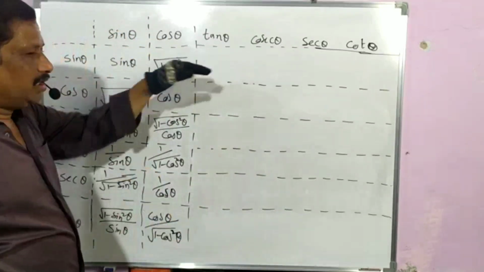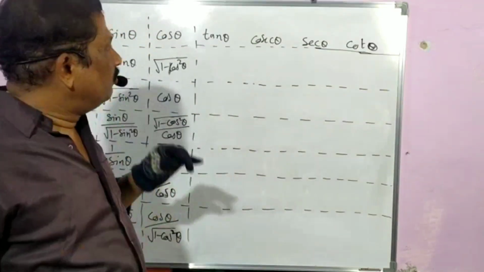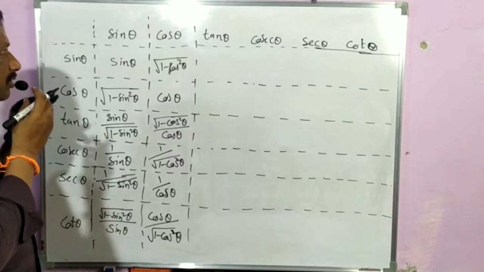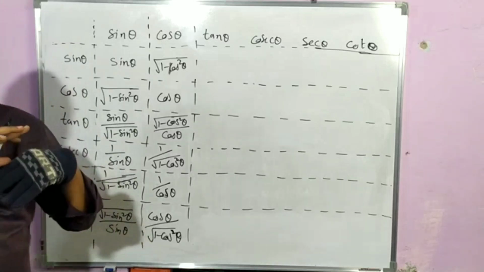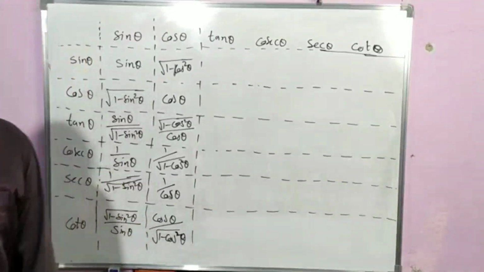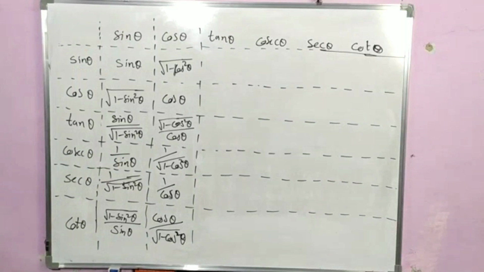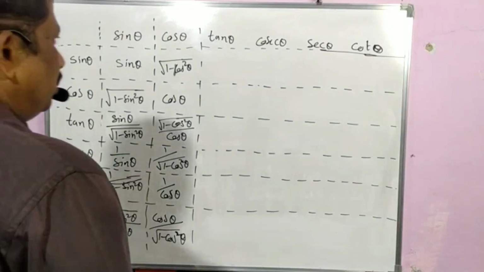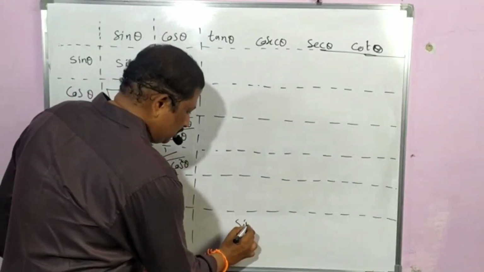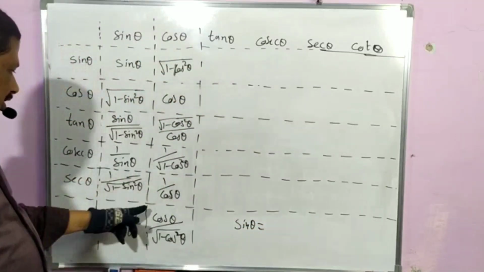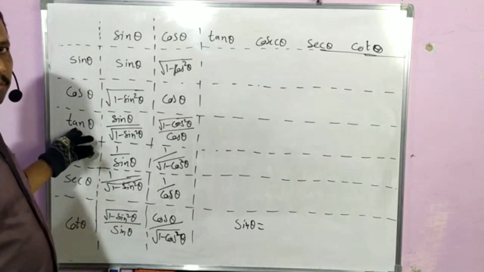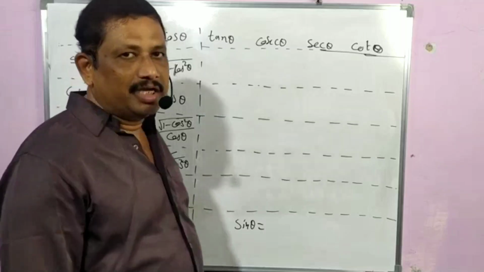So first, sine in terms of tan. How to write sine in terms of tan? What is the relation between sine and tan? Now we know that sin theta we are going to write in terms of cos, because cos is the reciprocal of secant. Secant we can easily write in terms of tan by using the identity secant square theta minus tan square theta is equal to 1.